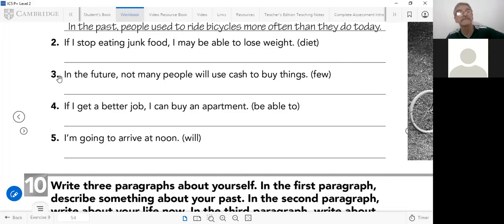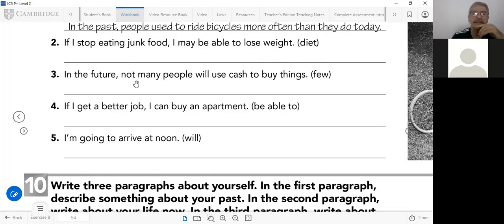Okay, can you read it, please? In the future, not many people will use cash to buy things. Few. In the future, probably few people will use cash to buy things.